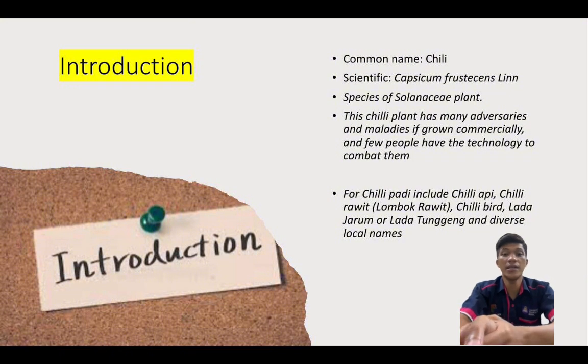For the cultivation of chili padi in Malaysia, I was unable to get any official information, because it is not specifically reported; the region is grouped with the red chili and large chili. Daily, the local community has a high demand for chili padi that is cultivated for domestic consumption.